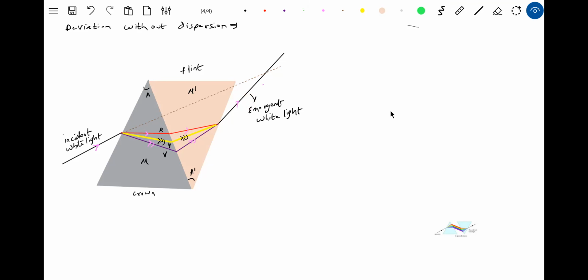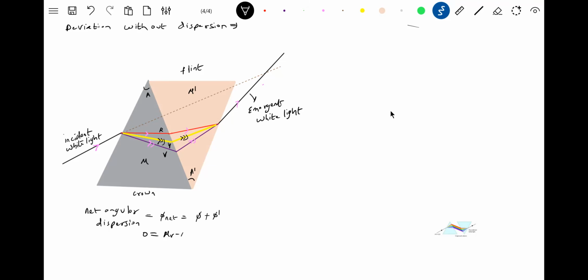What should be the net angular dispersion if there should not be any angular dispersion? Plus we'll take it. So this should be 0.